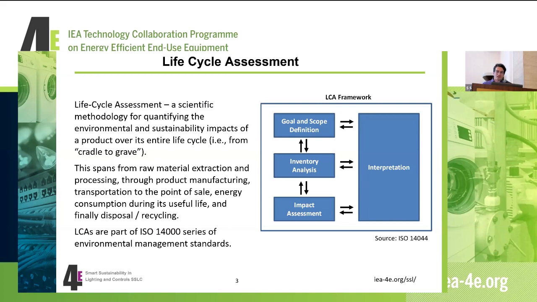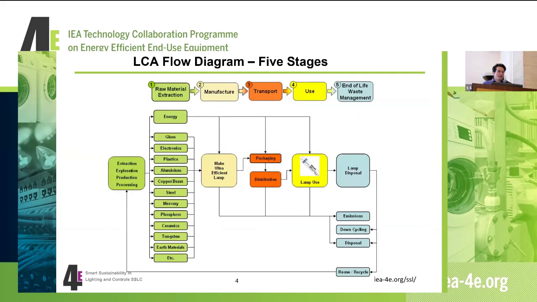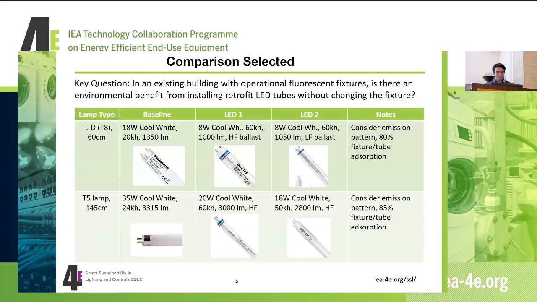So at every stage of the process. You can see that in this diagram, we break the LCA into 5 chunks: raw material extraction, manufacturing, transport, use, and end of life. So that's an illustration of it.